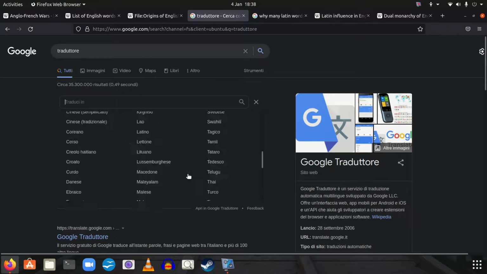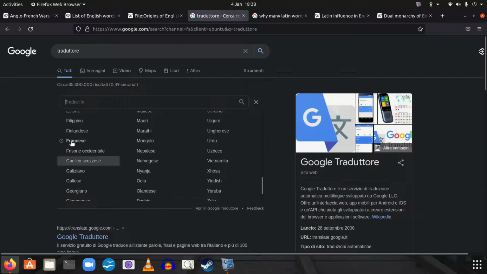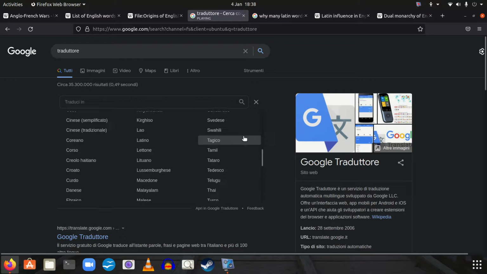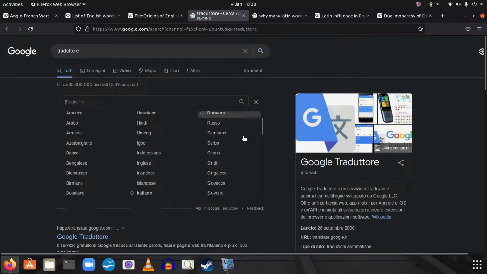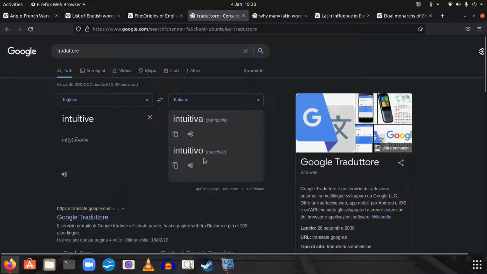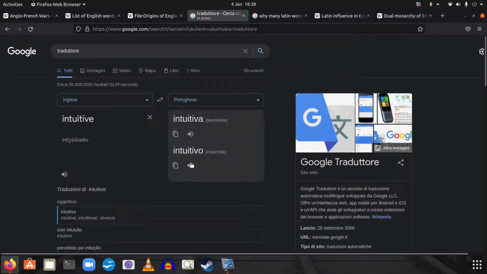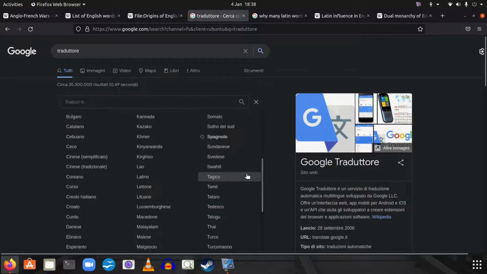Let's check, for example, the French. It is the same. Intuitive. Let's check the Italian language. Intuitivo. Let's check for the Portuguese. It's the same. Let's check for the Romanian.